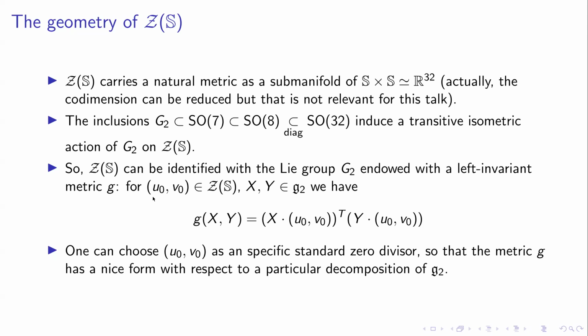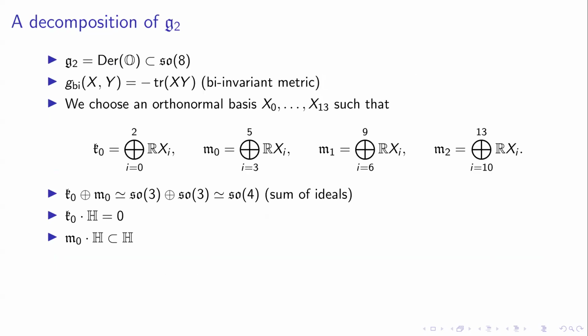In order to describe this metric in the Lie algebra, we have to choose an origin, and in order to make the computation simpler, we have to take a specific standard zero divisor, one of those highlighted in red in the previous slide. Let's write the general form of the metric.